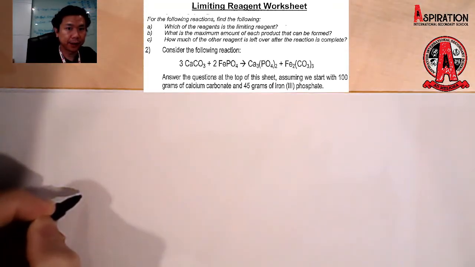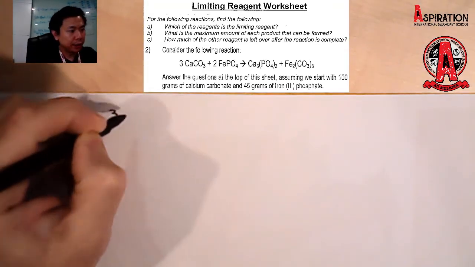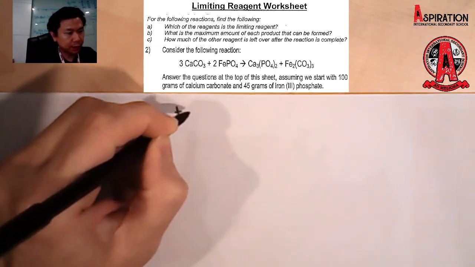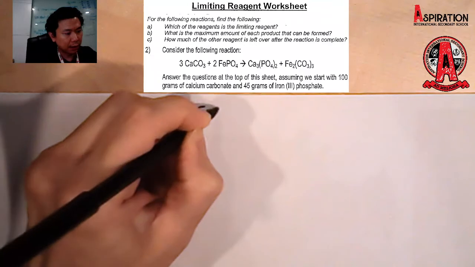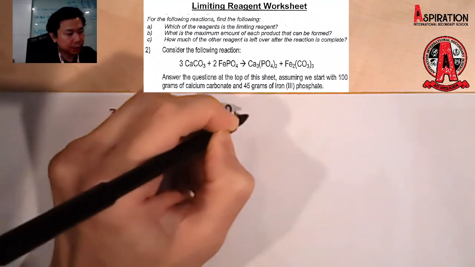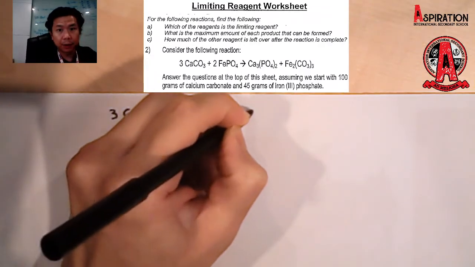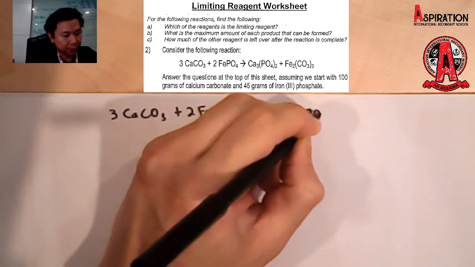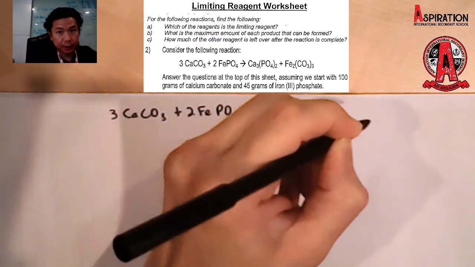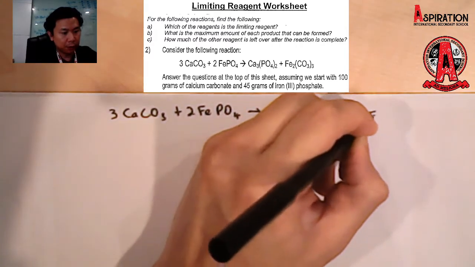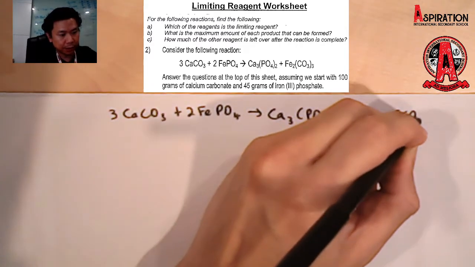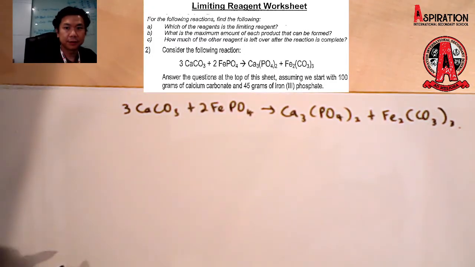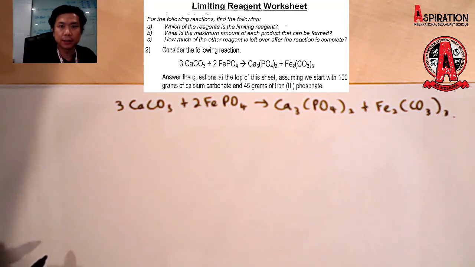So we have here 3 moles of calcium carbonate reacting with 2 moles of iron 3 phosphate, and 1 mole of calcium phosphate being formed, and 1 mole of iron carbonate. All right, so that's the question.